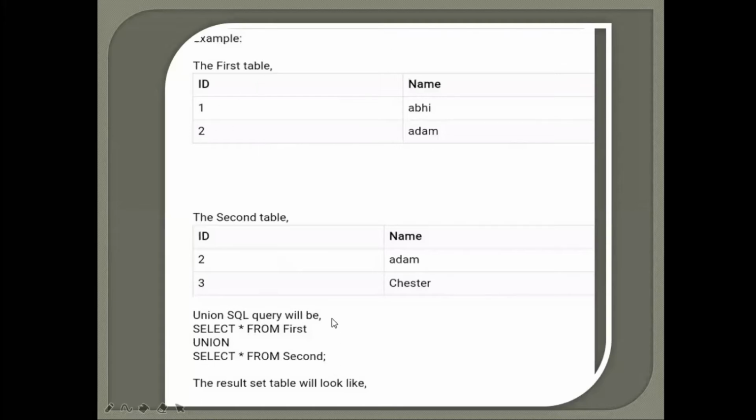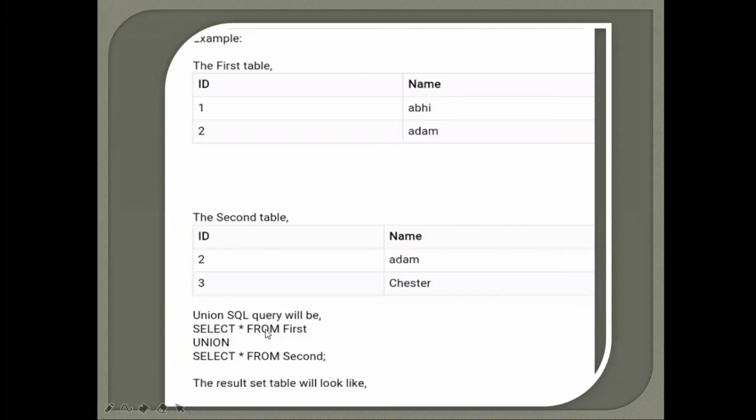We have already seen this in the practical section, what the select keyword does. Star from first, where first is your table name. Union, select star from second, that's your second table name, and star means all the attributes of the second table. So we are basically combining two select statements, the select for the first table and the select for the second table, with a union operator.